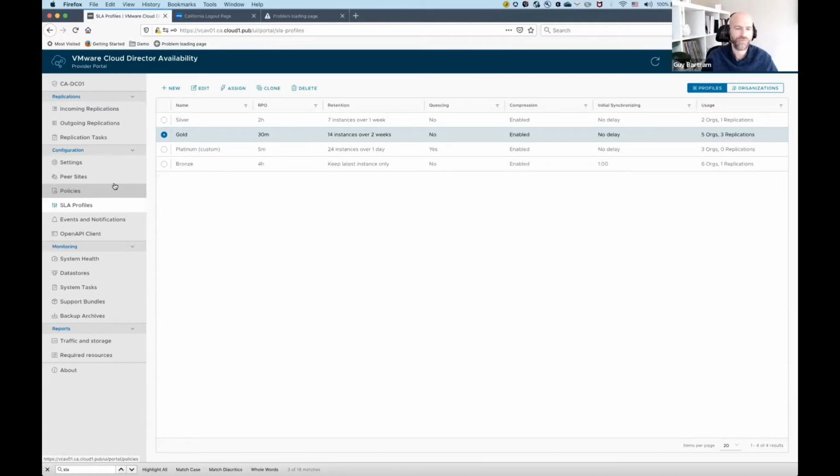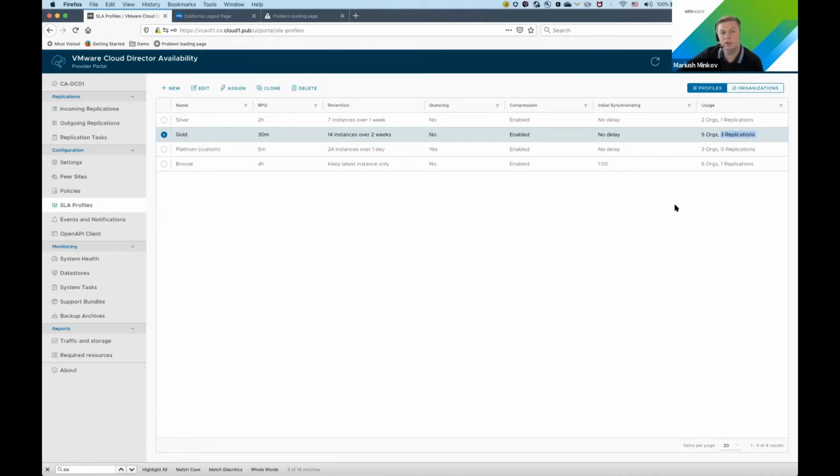Once an SLA profile has been assigned and an organization has started using it, we can no longer change its settings. So if we want to redefine what gold means, in my case, I already have 5 orgs that have access to this profile, and there are 3 replications configured to it.